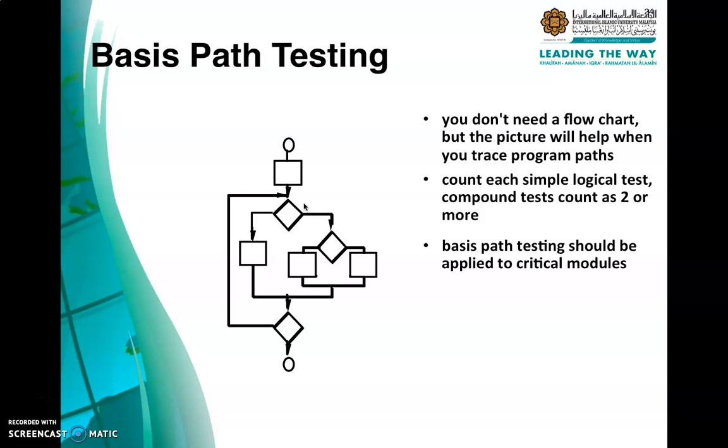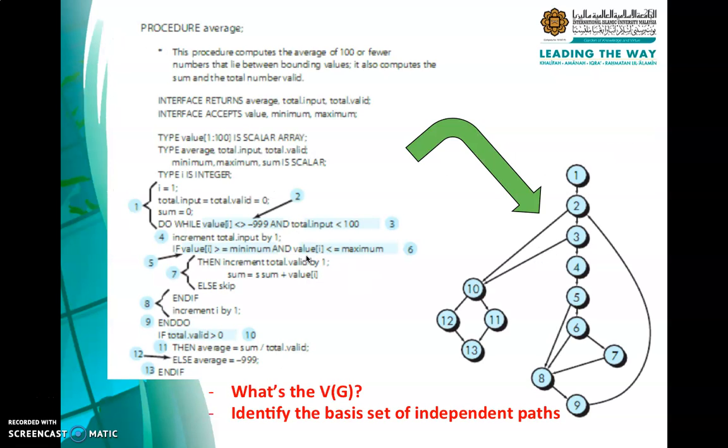So it is advisable to perform basis path testing only for critical modules. That's why we need to know the cyclomatic complexity, so we don't waste time checking a simple condition like if else. We can omit that very simple testing, so that we focus more effort on the critical modules that have a larger cyclomatic complexity.